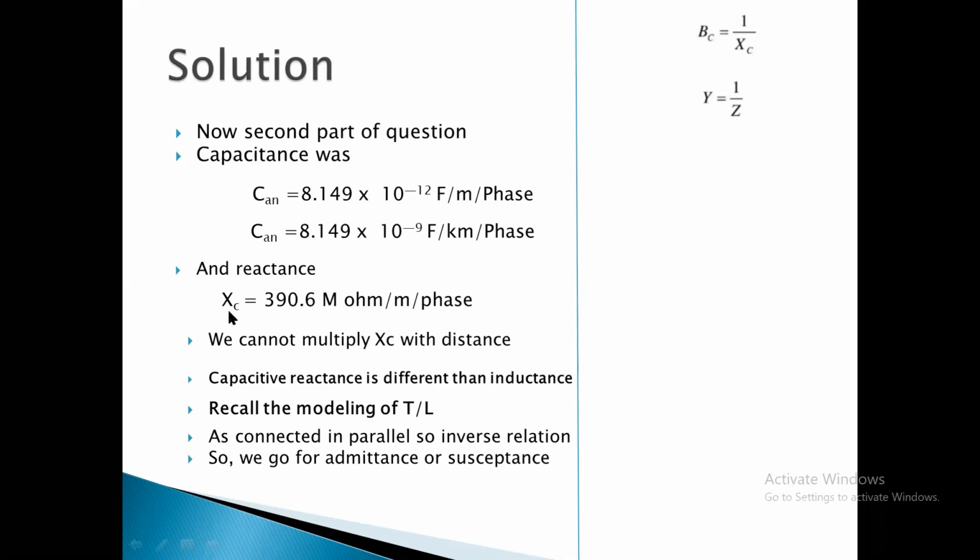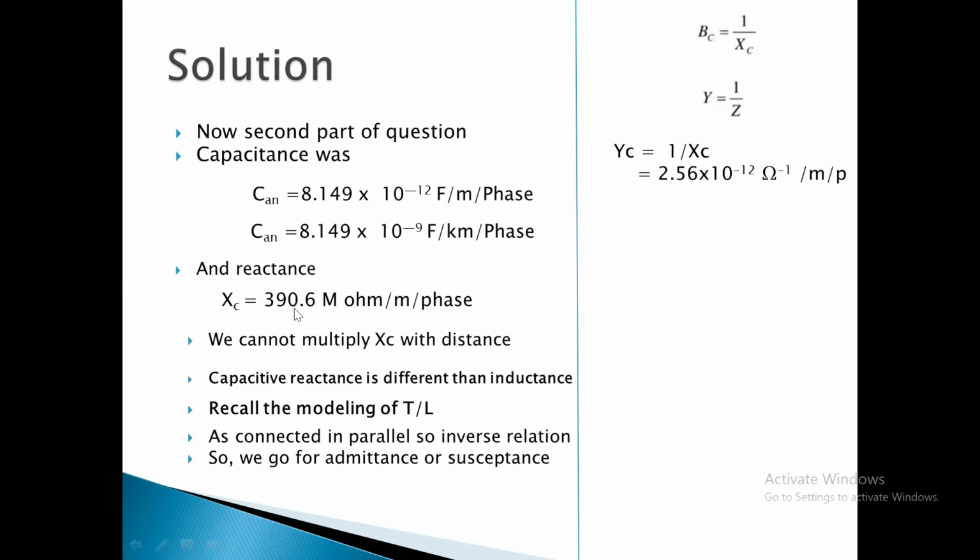So the capacitive reactance is 390.6 mega ohm per meter per phase. Firstly, I have to convert it into susceptance, or capacitive admittance, BC or YC. YC is equal to 1 over XC.